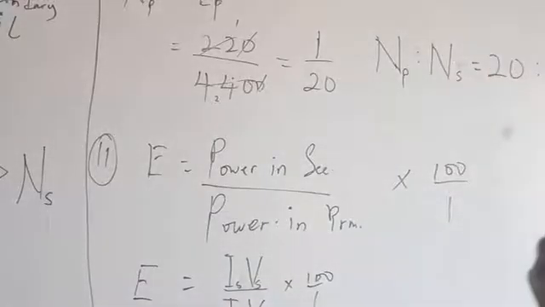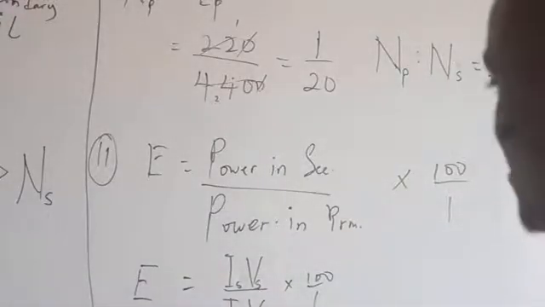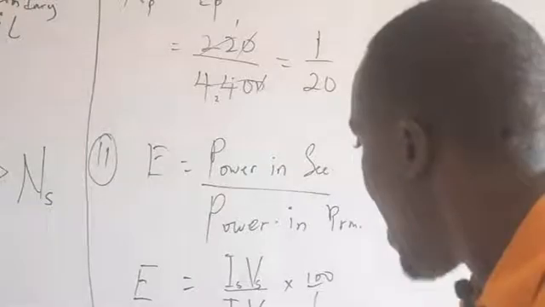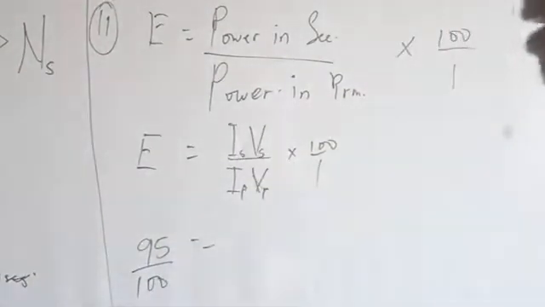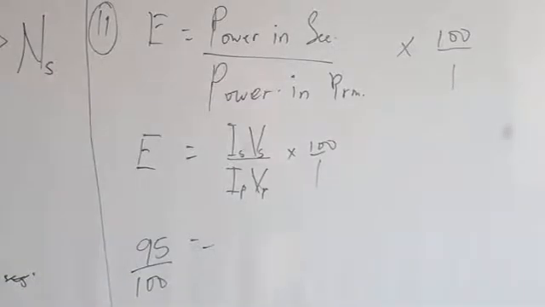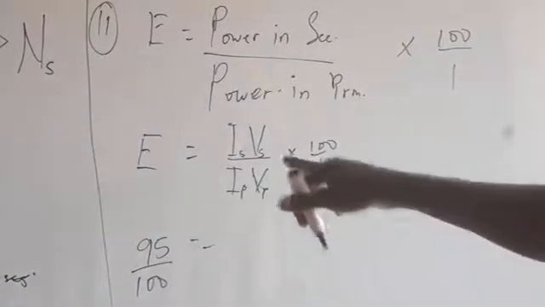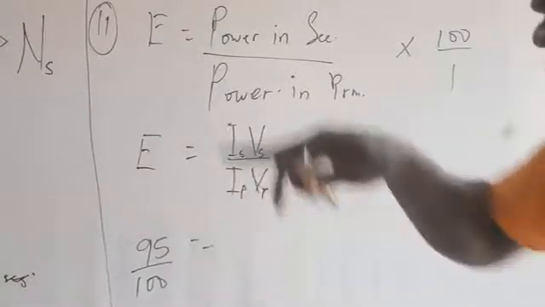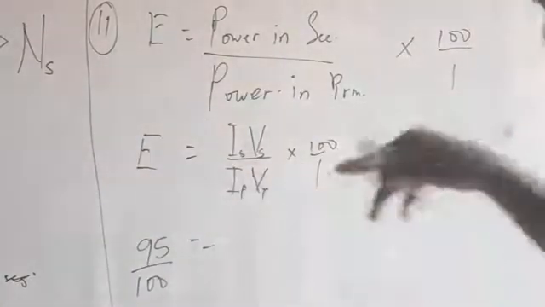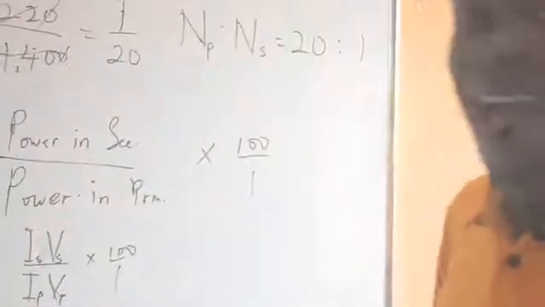Now we are given efficiency as 95%. So you have 95 over 100. Now if you look at this, we have current in the secondary multiplied by voltage in the secondary. In the question, we are not given current in the secondary, but we are given the power in the secondary at 60 watt.